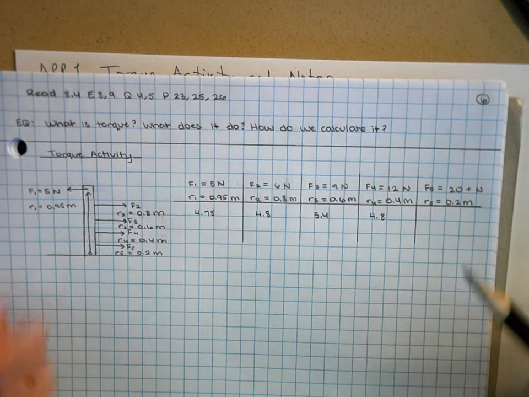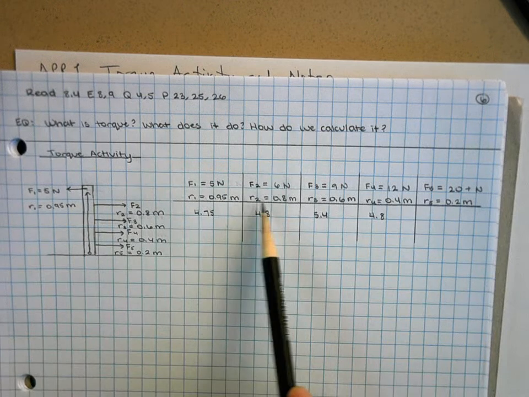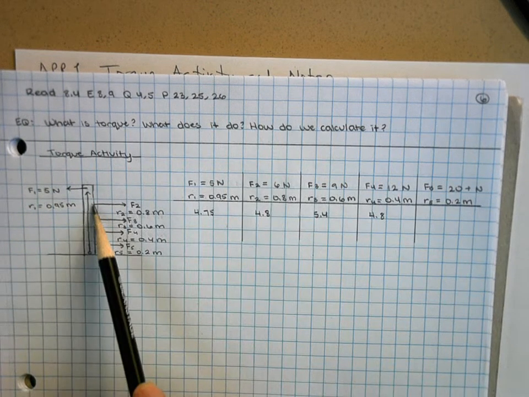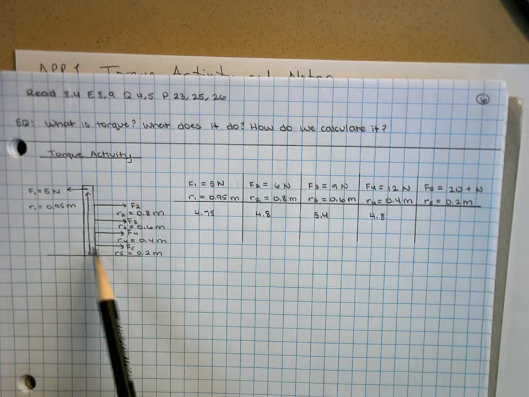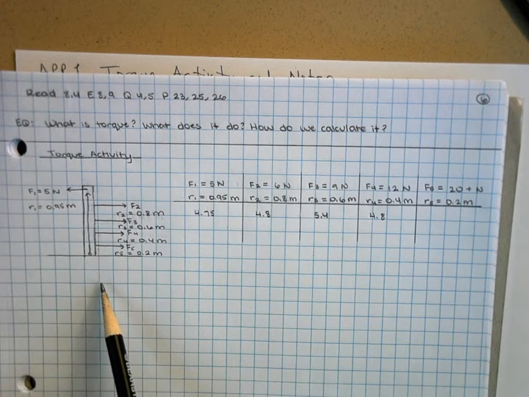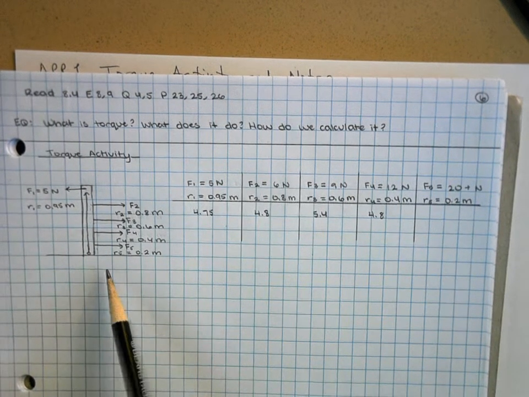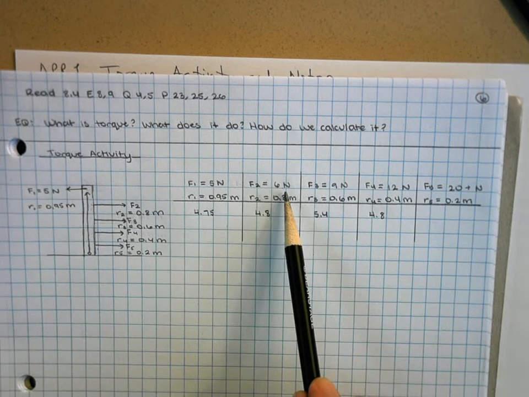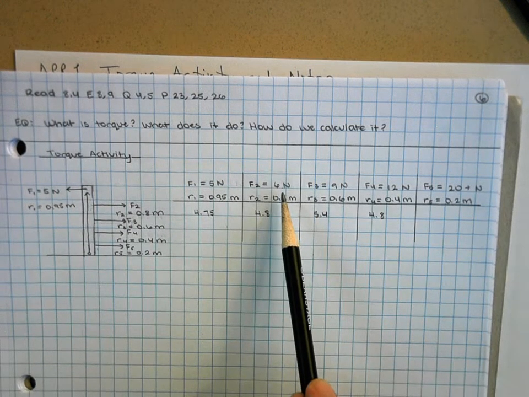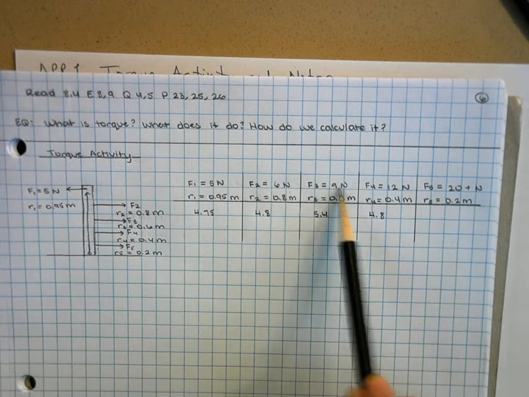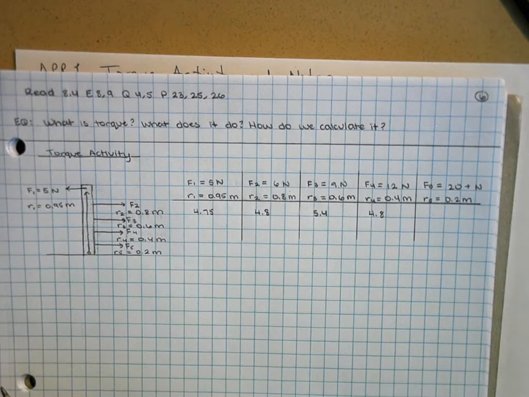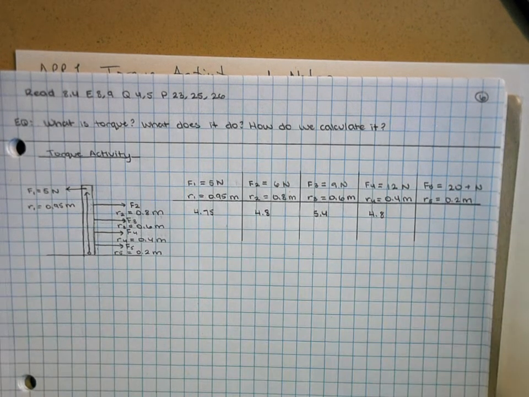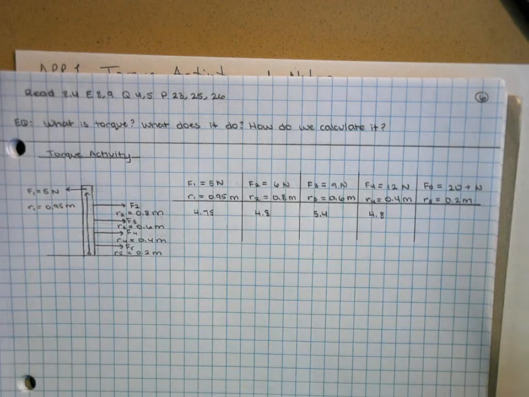And what we noticed is that as the location of our force moved closer and closer to the axis of rotation, the force required to hold the stick straight up became greater and greater. And then just for fun, we multiplied them together.